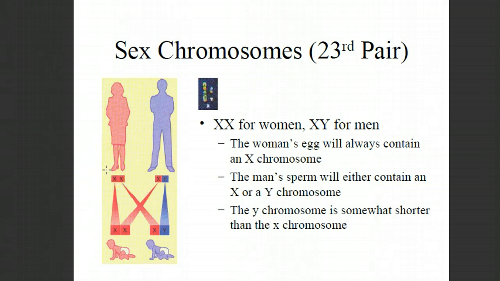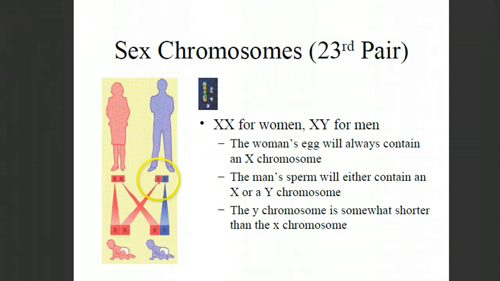In terms of having children with the ovum and the sperm, the woman is going to contribute, well, either one X chromosome or the other X chromosome. So in either case, all of her children will have one of her X chromosomes. For the biological father, he'll either be contributing an X chromosome or a Y chromosome.